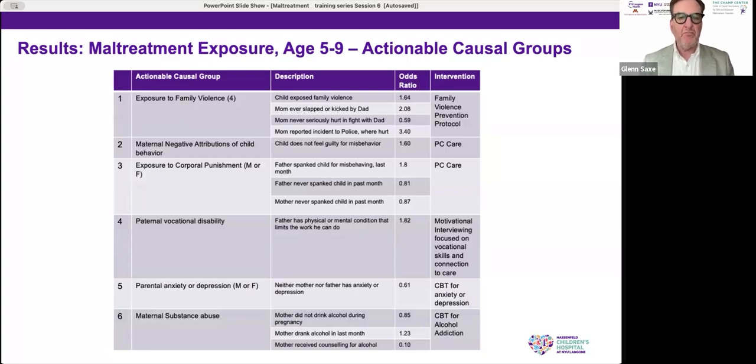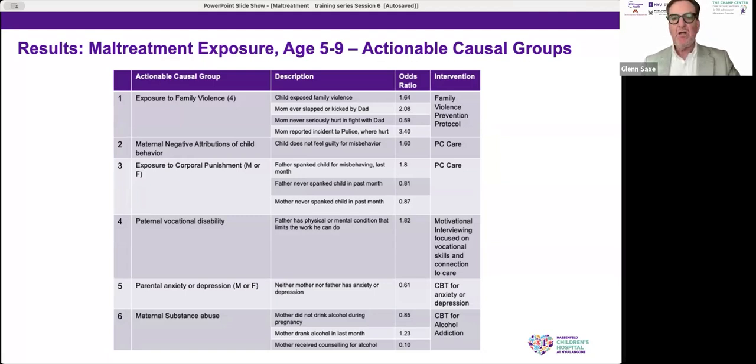And so the causal groups are exposure to family violence, maternal negative attributions of child behavior, exposure to corporal punishment from mother or father, whether the father has a vocational disability related to a mental or physical condition, whether either mother or father have anxiety or depression, and whether mother had, actually it was alcohol abuse, not substance abuse.